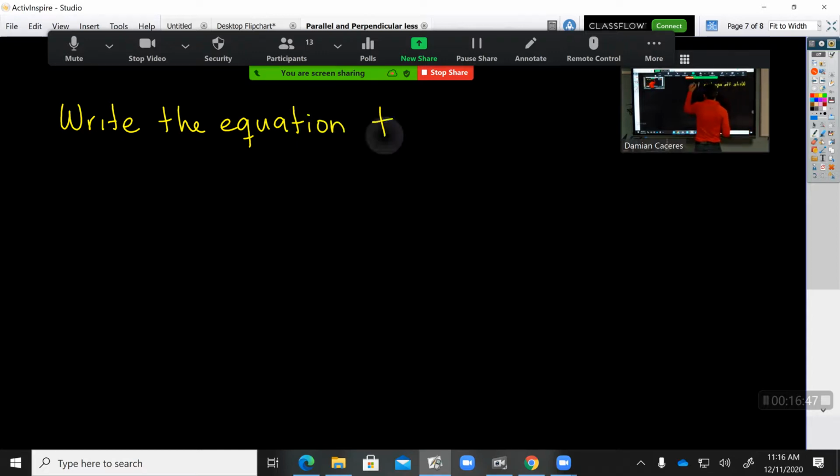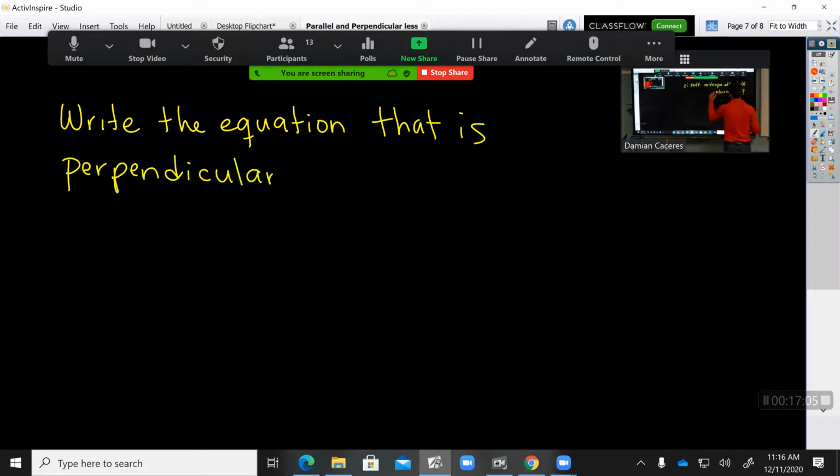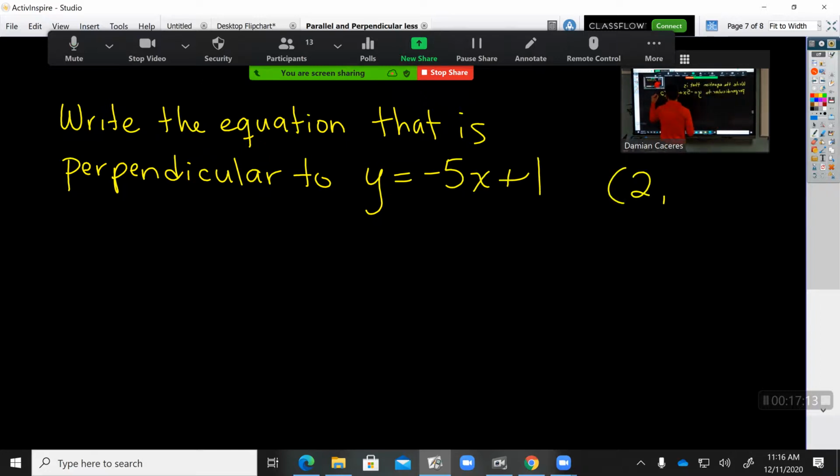So here it's going to say, write the equation that is parallel to, not parallel, perpendicular to y equals negative 5x plus 1 and goes through point (2, -1). Don't do it on your own, I'm about to show you.